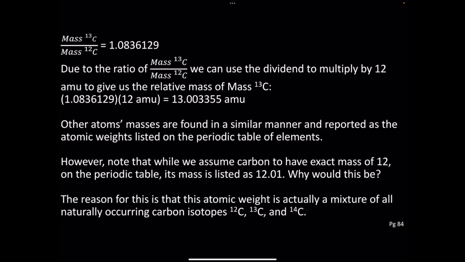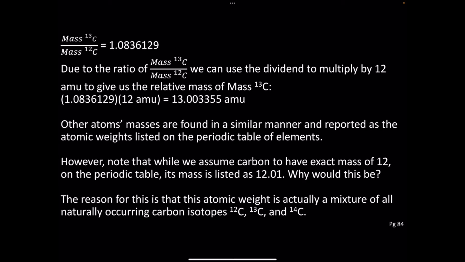And the answer is because we have multiple isotopes of carbon that exist in nature. Carbon-12 is the most rampant isotope of carbon, but carbon-13 and carbon-14 both exist in nature.